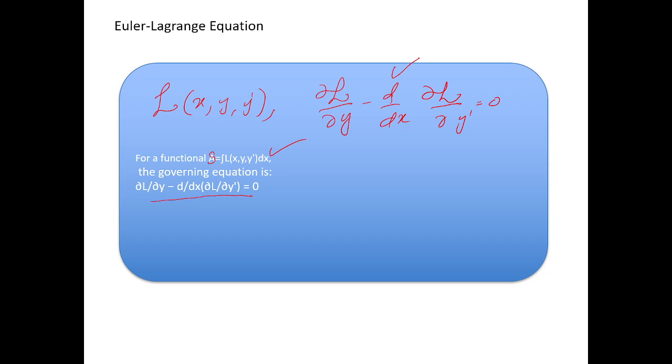This is for one dimension, but if we have a two-dimensional Lagrangian, then we will have two Euler-Lagrange equations. It depends on the number of dependent variables. If there are two dependent variables, we have two Euler-Lagrange equations; if three, then three, and so on. These equations are derived from the action optimality condition.